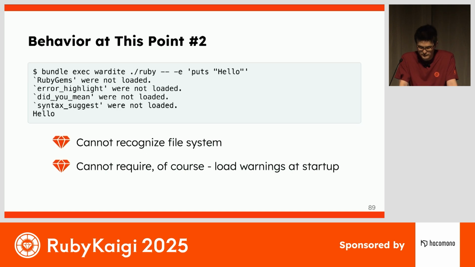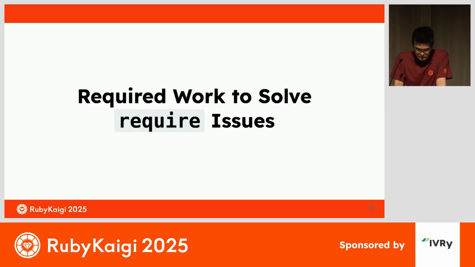However, even though it could handle basic standard I/O, the file system wasn't recognized yet. This meant require didn't work correctly at this time. Loading warnings appeared. So the next step was to make require work correctly.